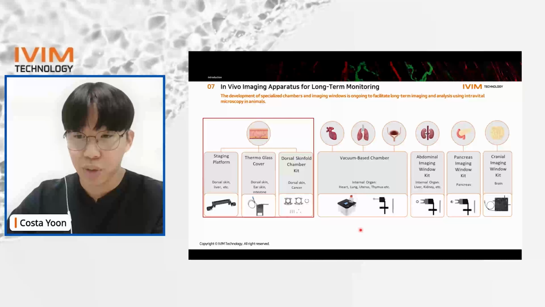Depending on the experimental objective, intravital skin imaging can be performed in different ways. For long-term longitudinal studies, dorsal skin fold chambers or imaging windows can be implanted to provide stable access to the tissue. For shorter experiments, single-session imaging can be performed without any chamber implantation.